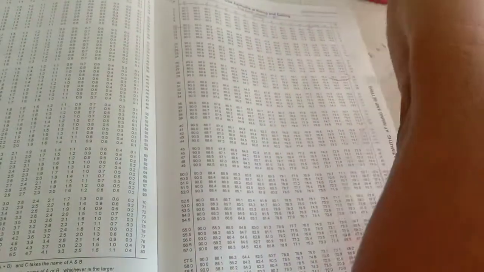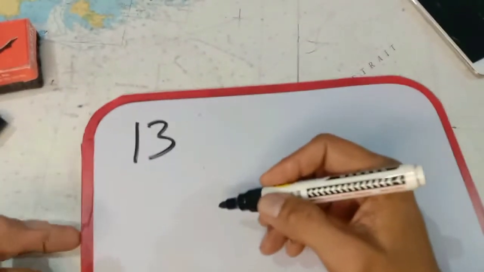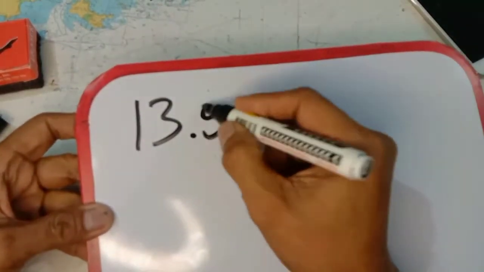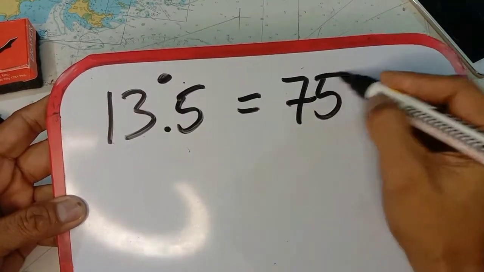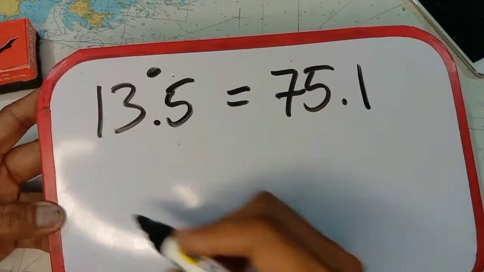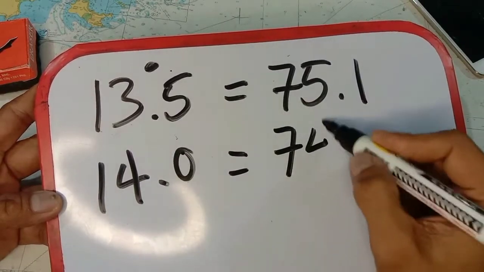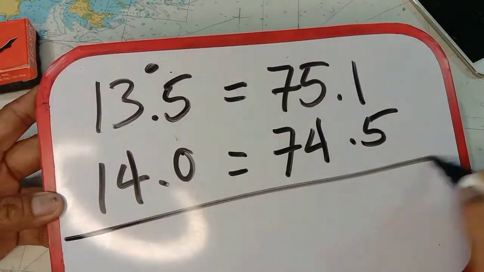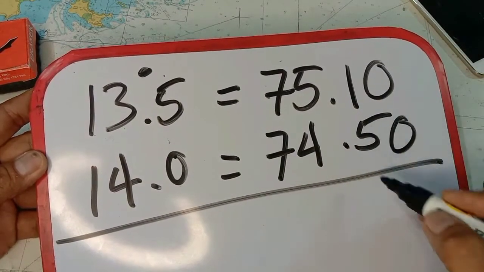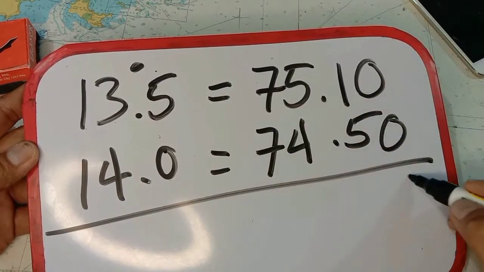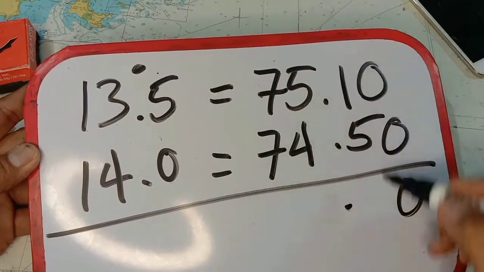Okay, magkakaroon tayo dito na interpolation. The value of declination 13.5 degrees is equals to 75.1. And the value of 14 degrees 0 is equal to 74.5. So, ma-minus natin to. So, 11 minus 5 is 6.